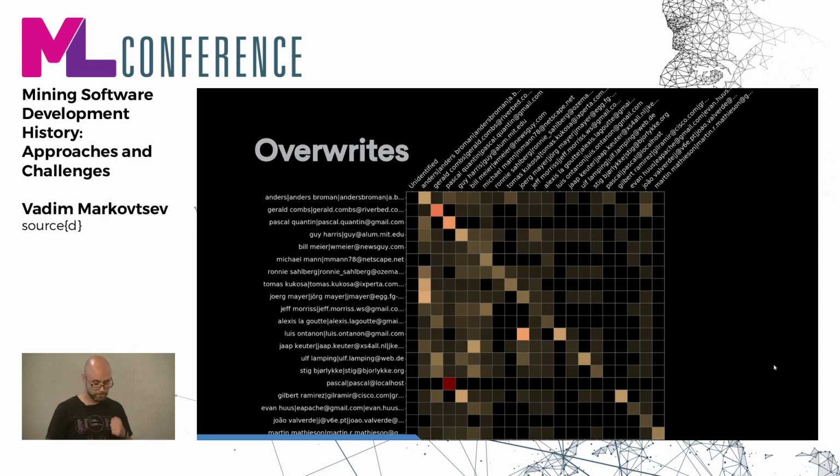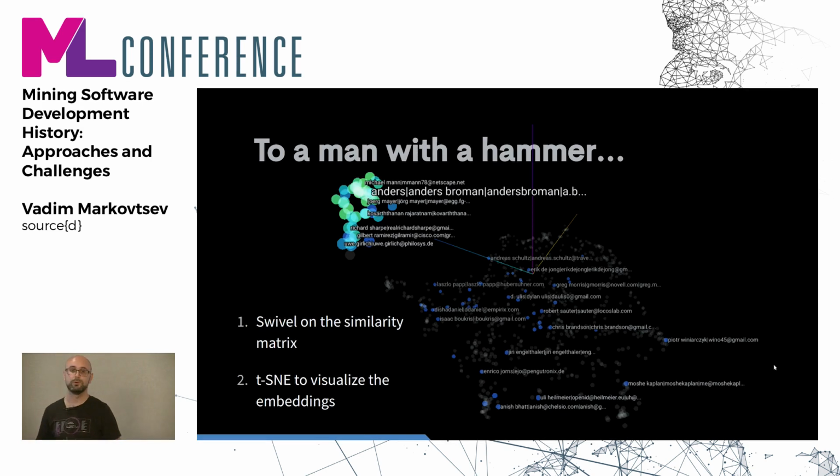However, let's remember what we had in the first example: as long as we have the similarity matrix or occurrence matrix, we can embed it and visualize it. So we can do exactly that. And it turns out that you can easily capture the core contributors by doing that. They are very nicely grouped in the same cluster after t-SNE or UMAP, doesn't matter.